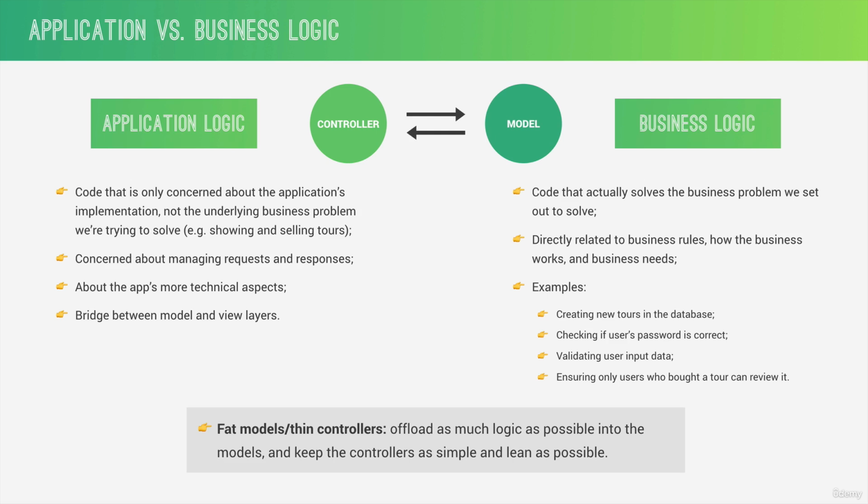So a fat model will have as much business logic as we can offload to it, and a thin controller will have as little logic as possible, so that the controller is really mostly for managing the application's requests and responses. Okay? So now keep all this in mind as we move on in progress into building our applications.